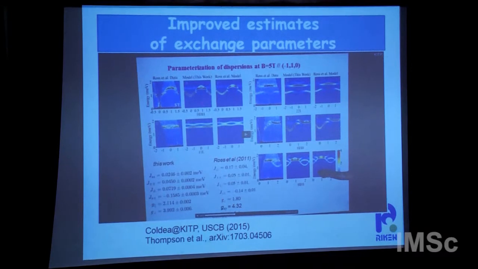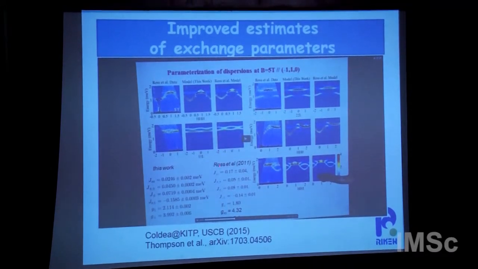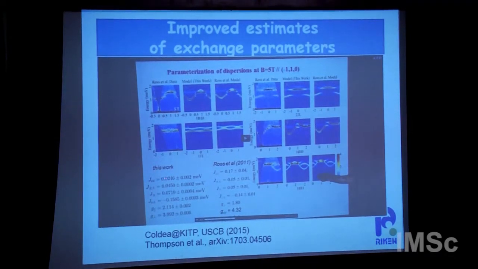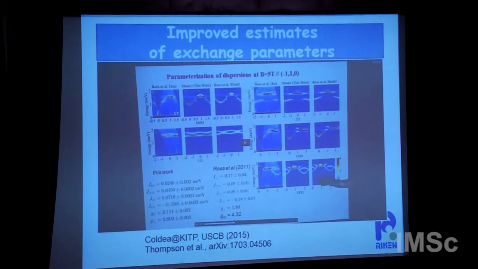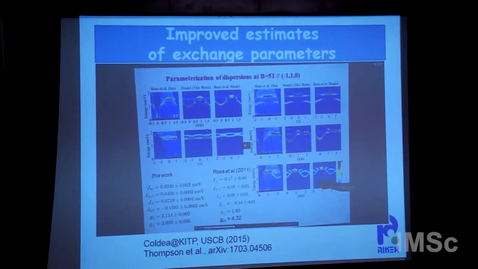Yeah, and actually, initially Ross et al. performed the measurement under the 110 field, and Caldera et al., the Oxford group, performed measurements also in this same direction, and I think it's also 111 if I remember correctly.